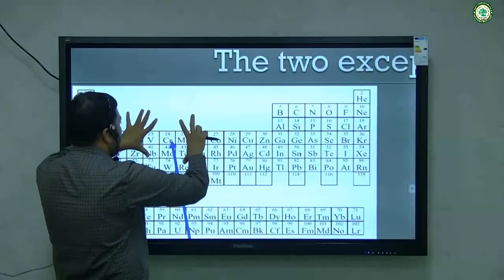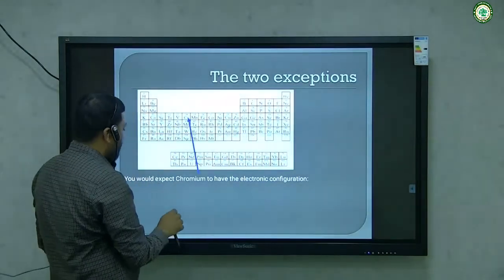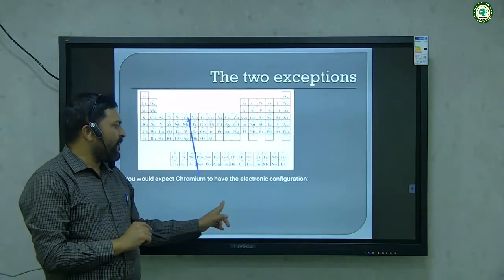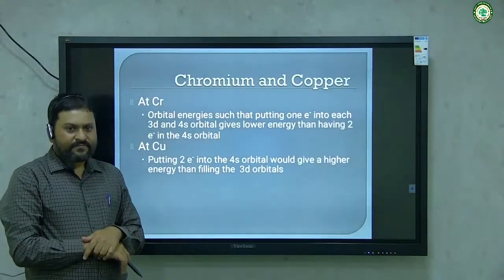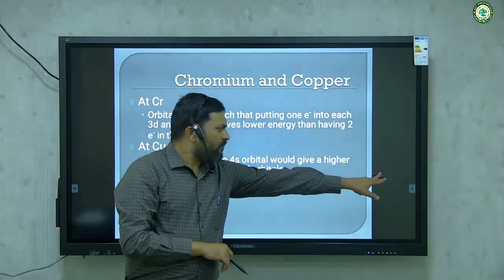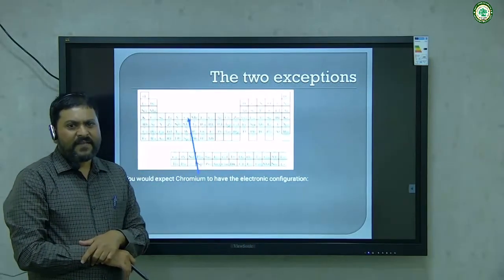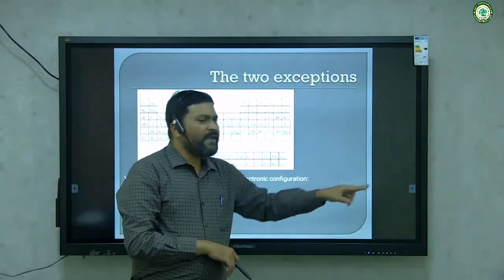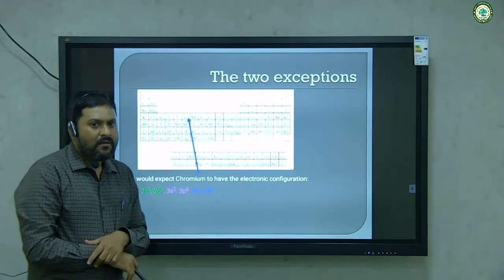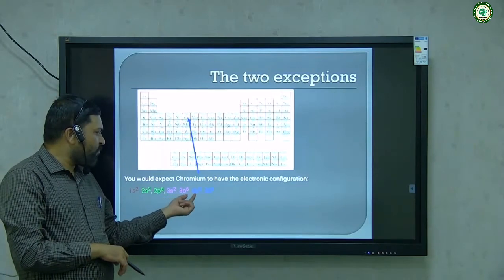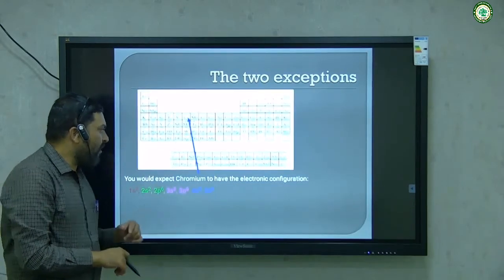While studying the electronic configuration of chromium, you would expect, according to our expectation, the electronic configuration of chromium to be 1s2, 2s2, 2p6, 3s2, 3p6, 4s2, 3d4.